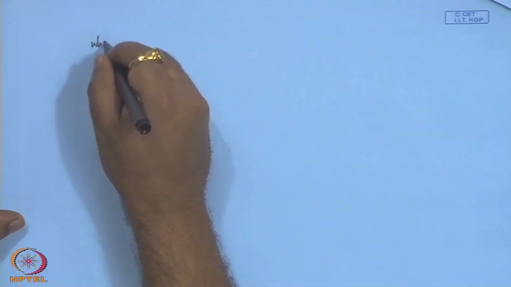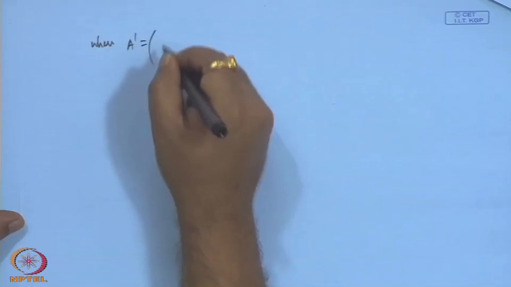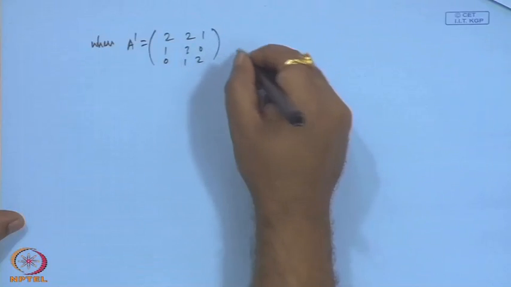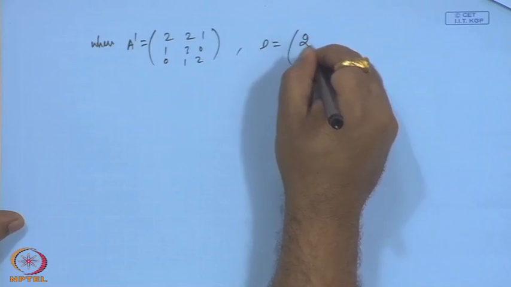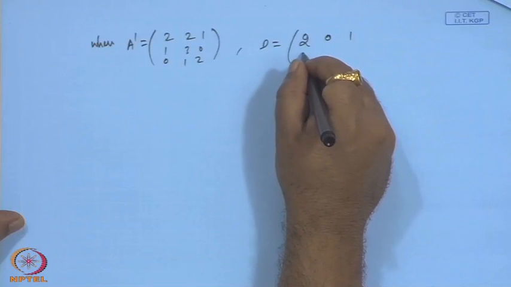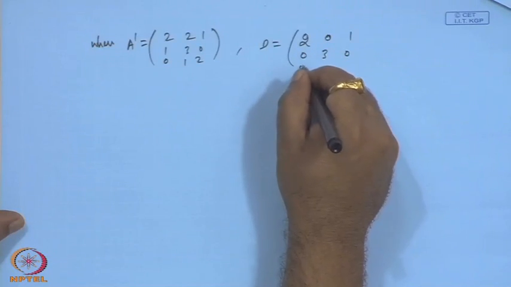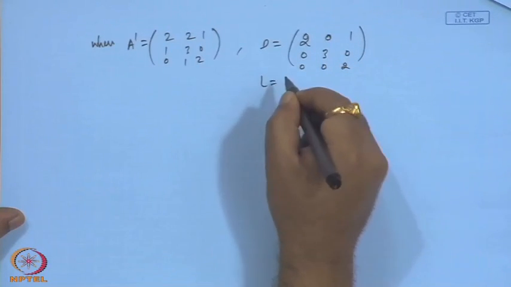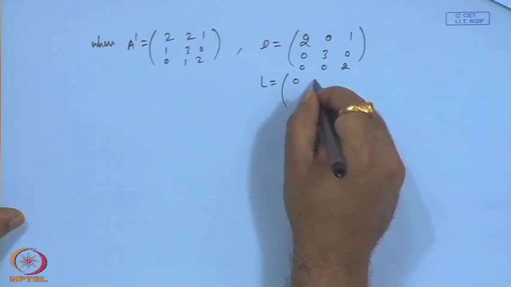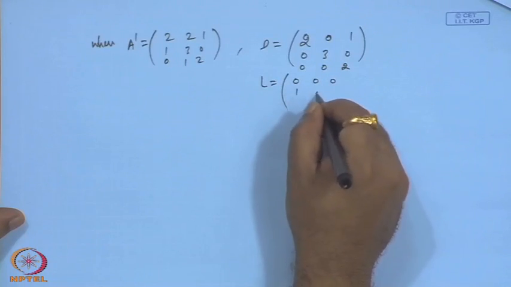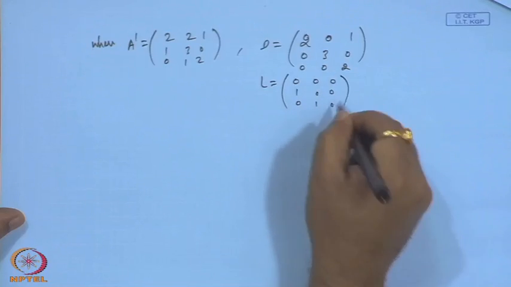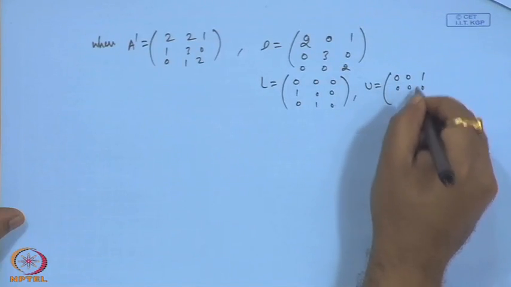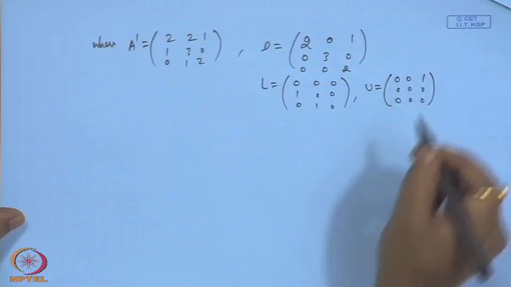So when A prime equals this, we have D as this, and L and U as these.